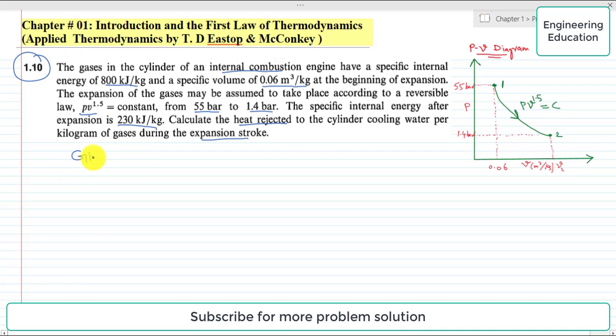So we will write the given data from the statement. P1 is 55 bar, and P2 is 1.4 bar.